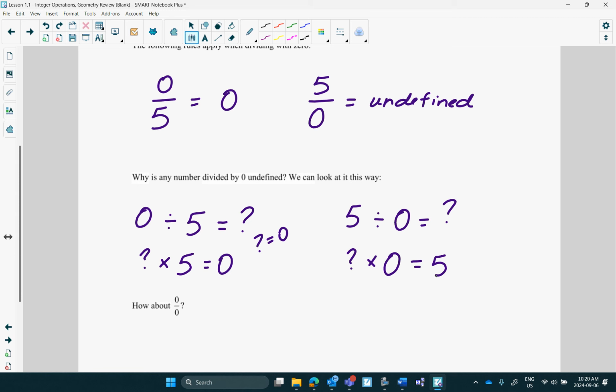There is no such number. It's impossible. But instead of saying impossible, we just write undefined. There's no answer to this. You can always look beside Lucy, that little poster there. Friends don't let friends divide by 0.